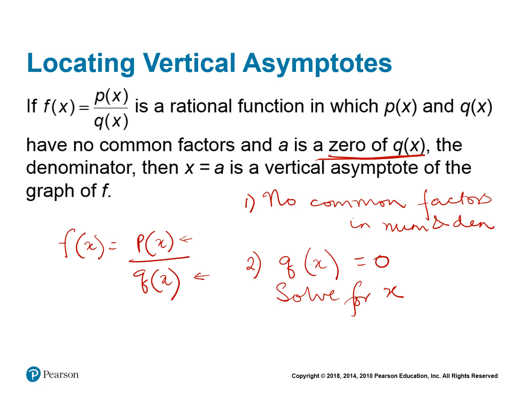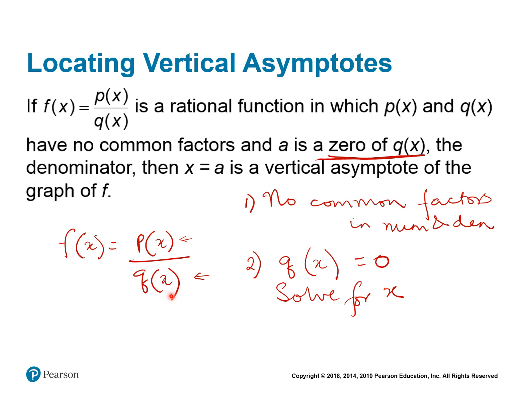So it'll be easier to follow if we work through an example. So that's what we are going to do in the next slide. But these are the steps we are going to take in order to locate the vertical asymptotes. First, we will need to factor. If it is factorable, then we'll need to factor p of x, the numerator and the denominator. Once we do that, we have to identify if there are any common factors between the two.